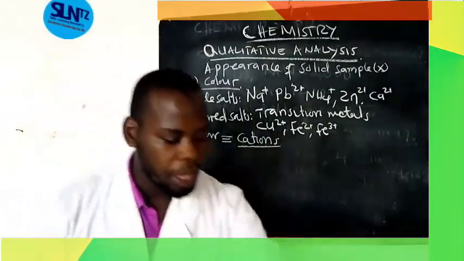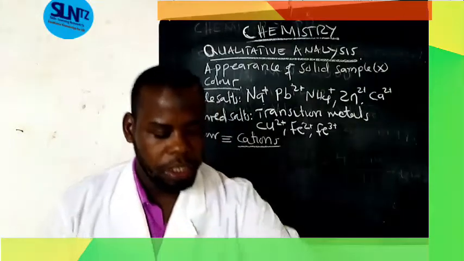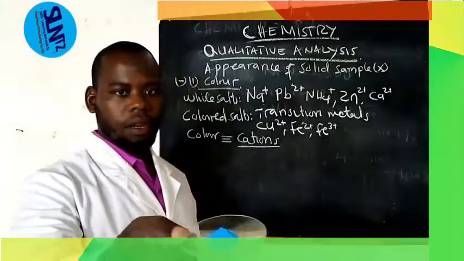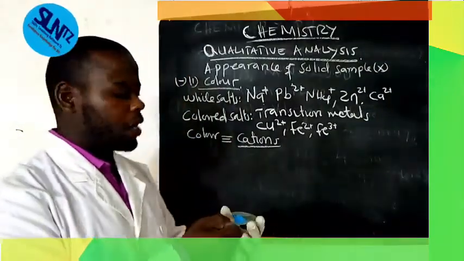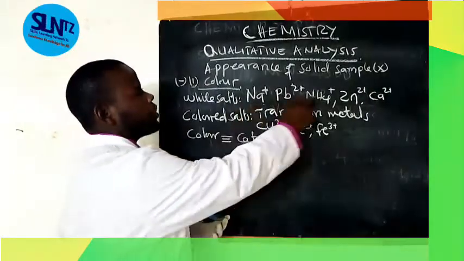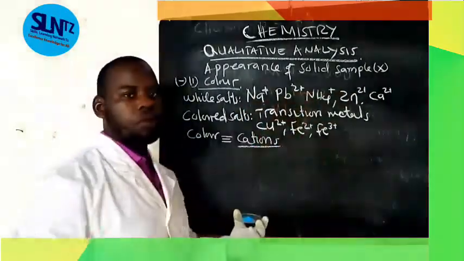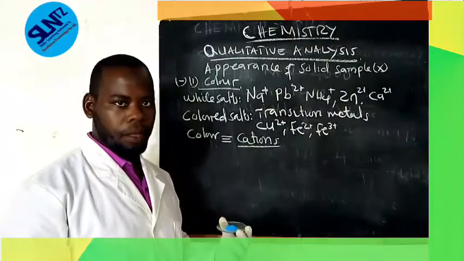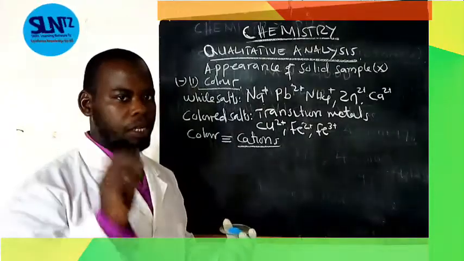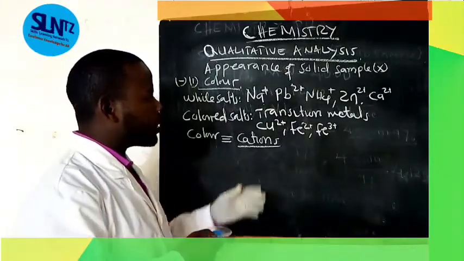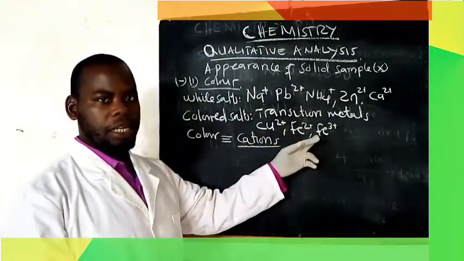Let's say my sample here is not white. This is blue. So I cannot expect to get this, because this is not colored. My expectation is to get among these which are colored.